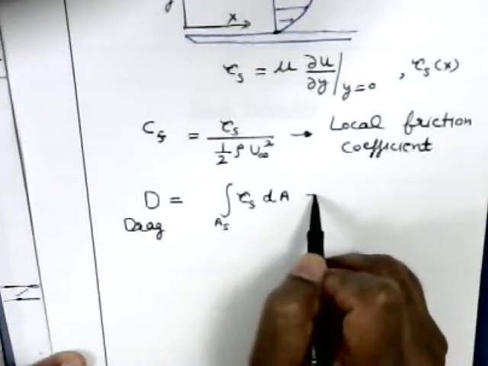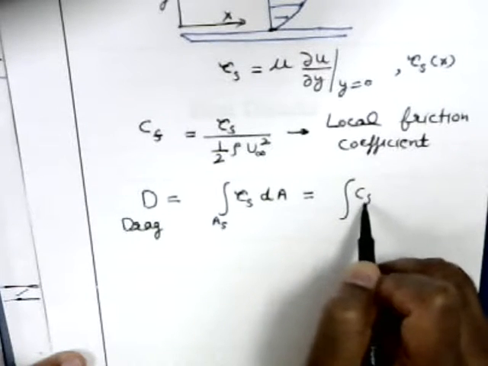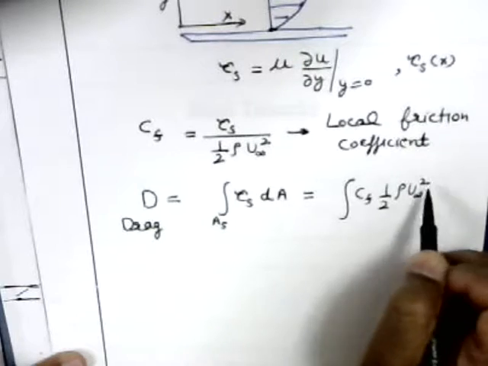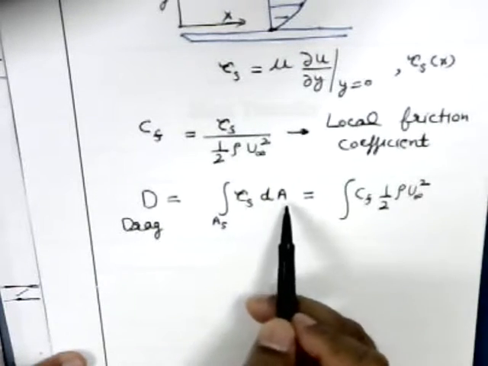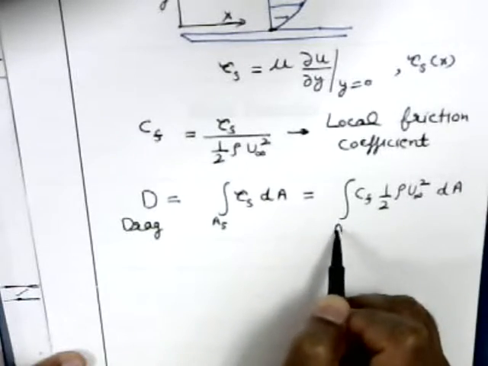And you can write that as the integral of tau s, which is Cf times half rho u infinity squared, times dA, integrated over the surface.